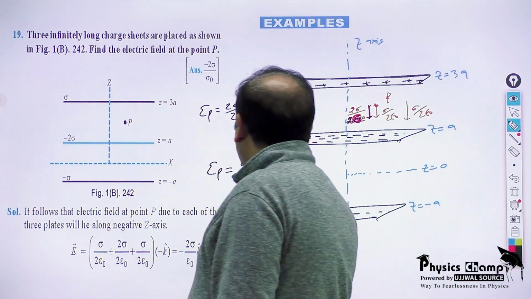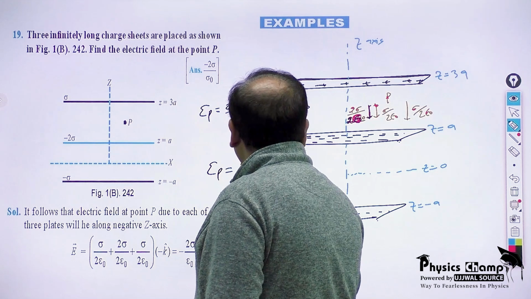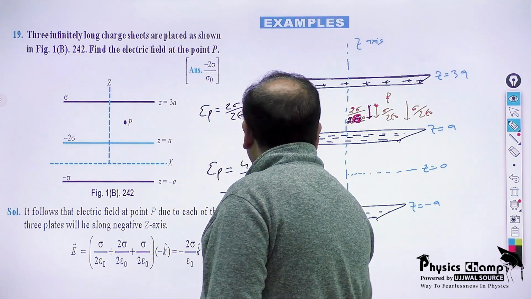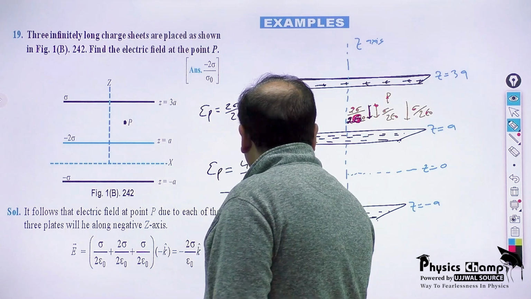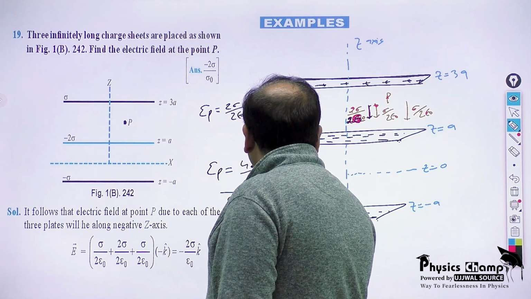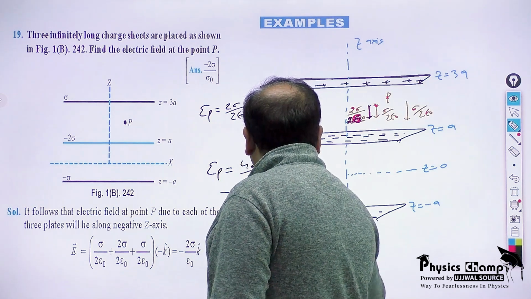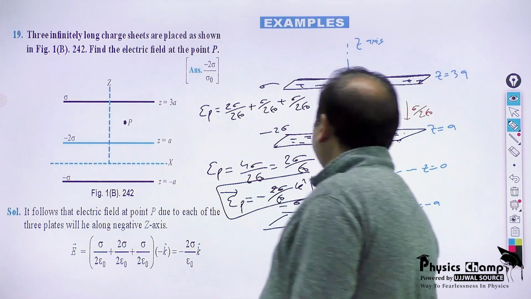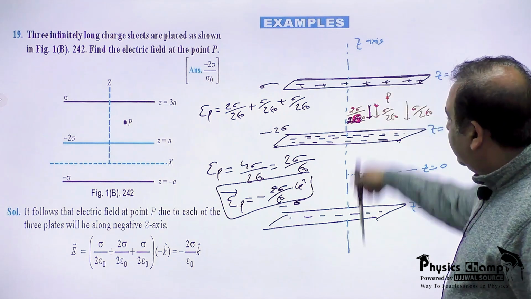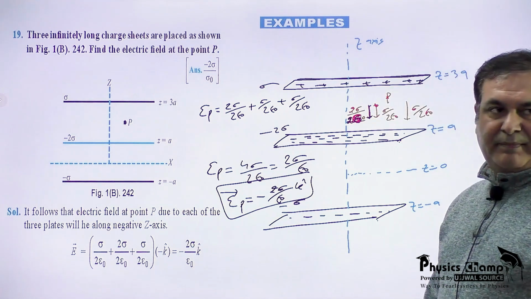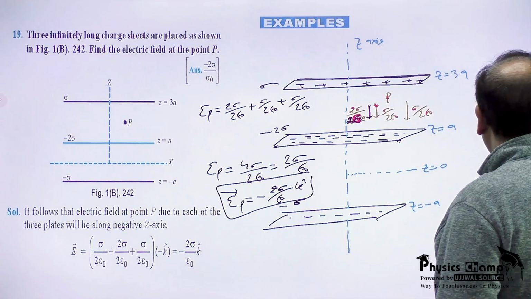So it is 2 sigma by epsilon naught, and if I am writing this electric field in vector form, because it is all downward, we can call it minus 2 sigma by epsilon naught into k unit vector. Minus k unit vector, because it is in the minus z direction, downward direction. So this is how question number 19 is solved.